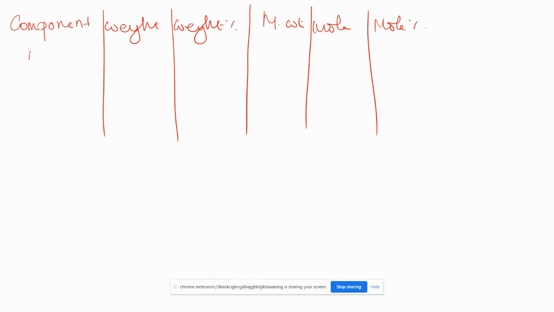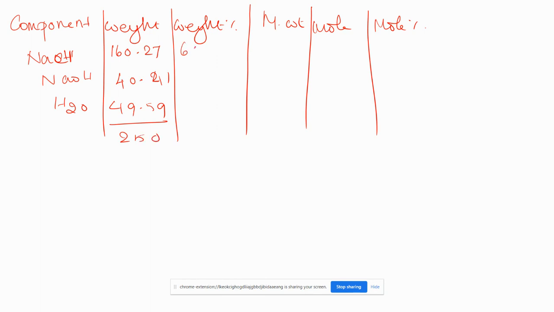First we will write NaCl, then NaOH, then water. NaCl is 160.27, NaOH is 40.41, and water is 49.59. The total weight is 250.